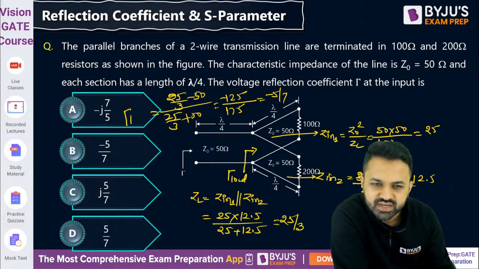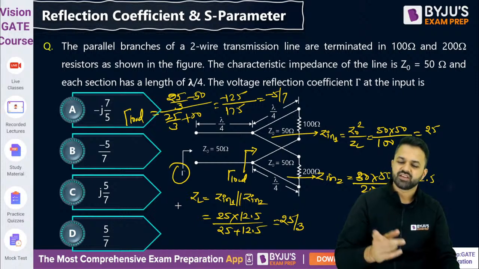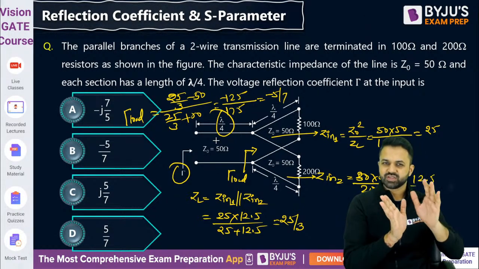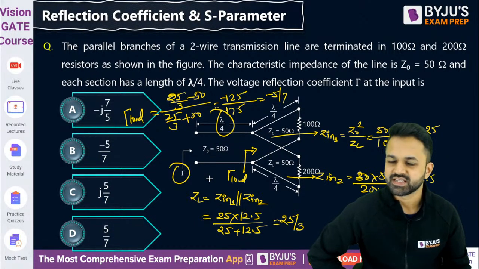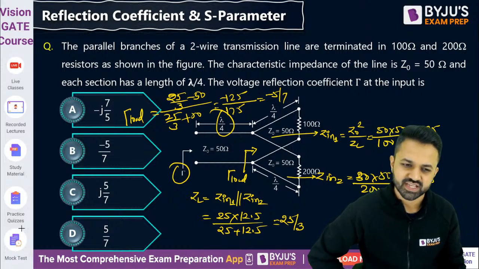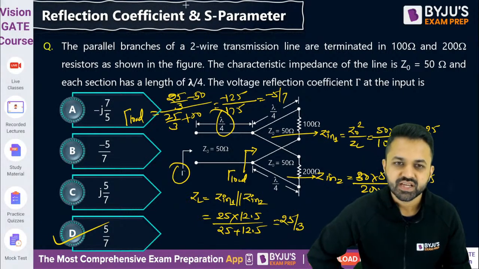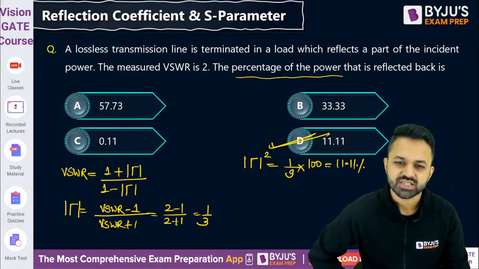Reflection coefficient at load is minus 5 by 7, but it is asking the reflection coefficient at the input side, and we have lambda by 4 length. So we know that the lambda by 4 length inverts everything, that is the reflection coefficient at the load. So the answer is plus 5 by 7. The same thing we have already done when I told you about this concept.